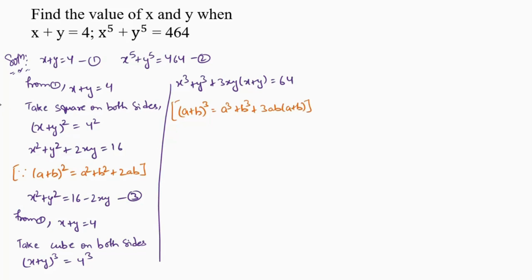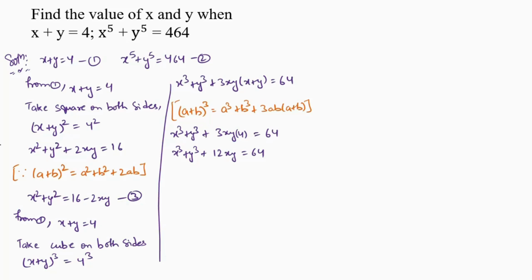So on solving the above equation, we get x cube plus y cube plus 3xy. x plus y can be written as 4 from equation 1, is equal to 64. On solving this, we get x cube plus y cube plus 12xy is equal to 64.